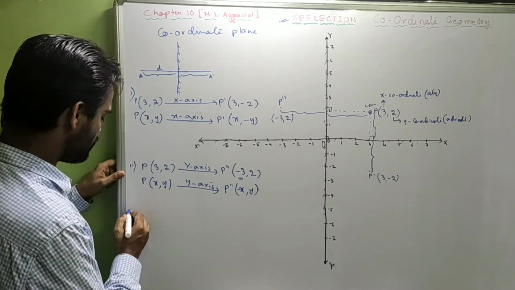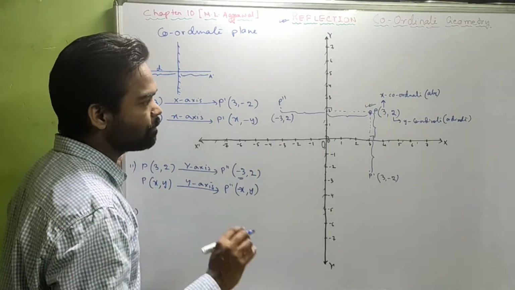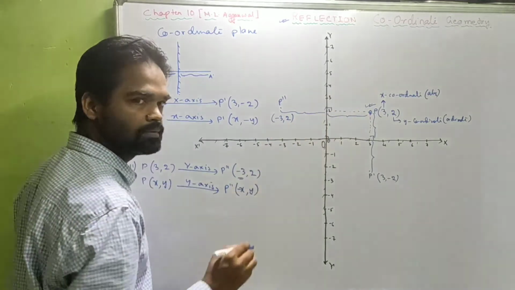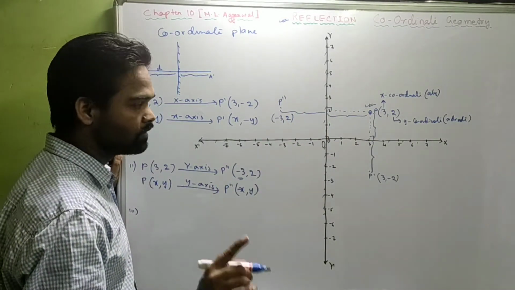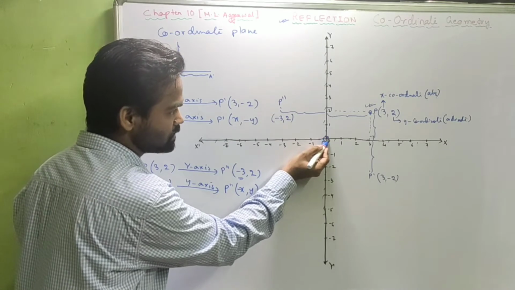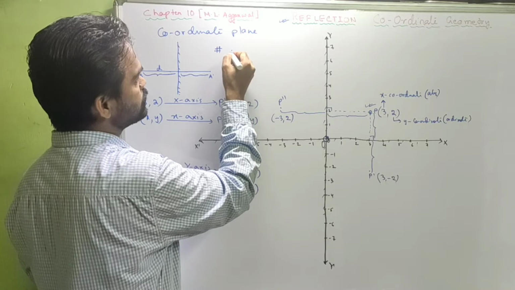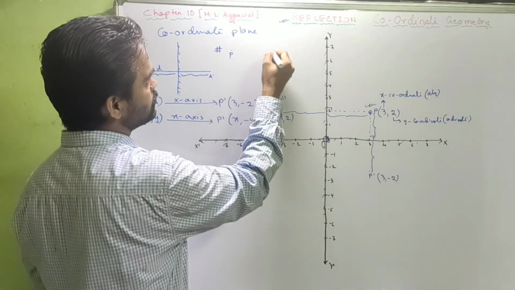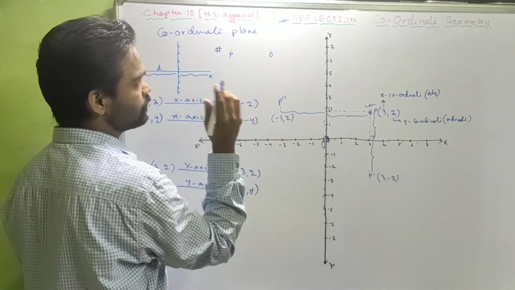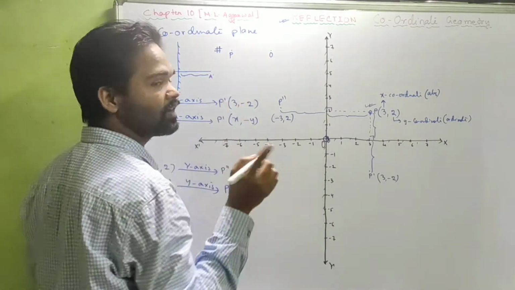Now one more thing. Suppose the point P is reflected in a point, which means, suppose this is your point P, this is your point O, the origin, and it is reflected in the origin, which means it is reflected in a point.